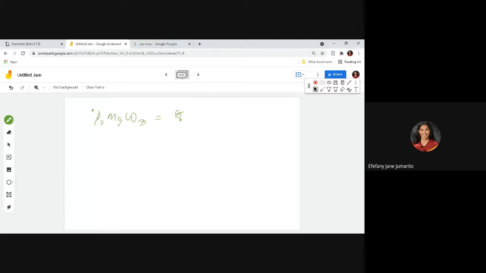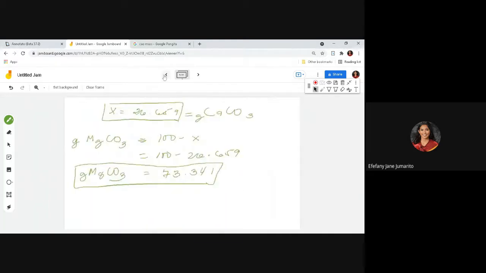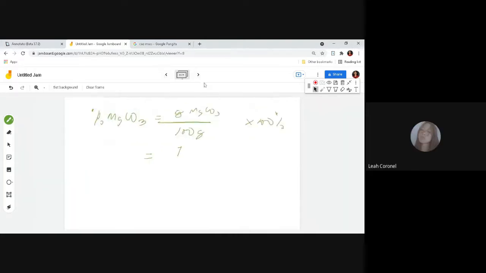So that one, grams of MgCO3 divided by 100 grams times 100%. That is equal to, pila to ganina? 73.341 divided by 100 grams. So this is, cancel naman na. We have 73.341%.